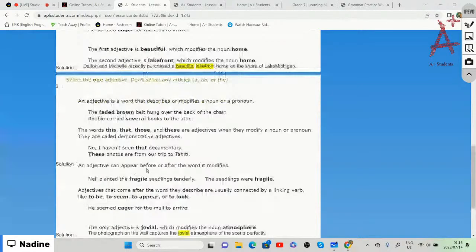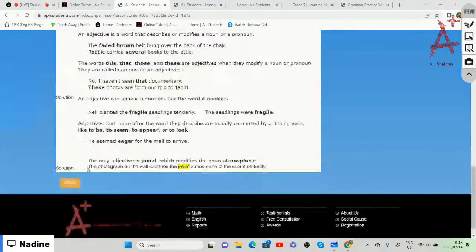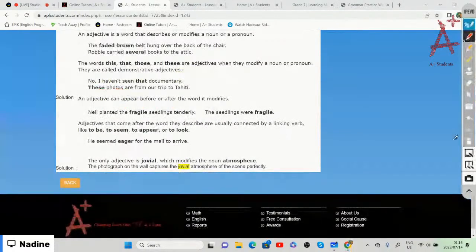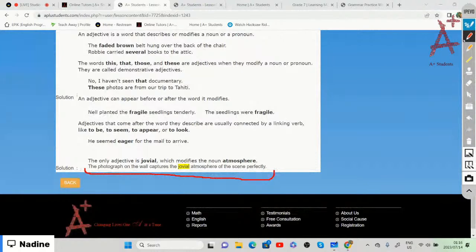All right, look at the next sentence over here. Let me underline it. The photograph on the wall captures the jovial atmosphere of the scene perfectly. If we were to identify the adjective within that sentence, which is highlighted in yellow, it is jovial, right?